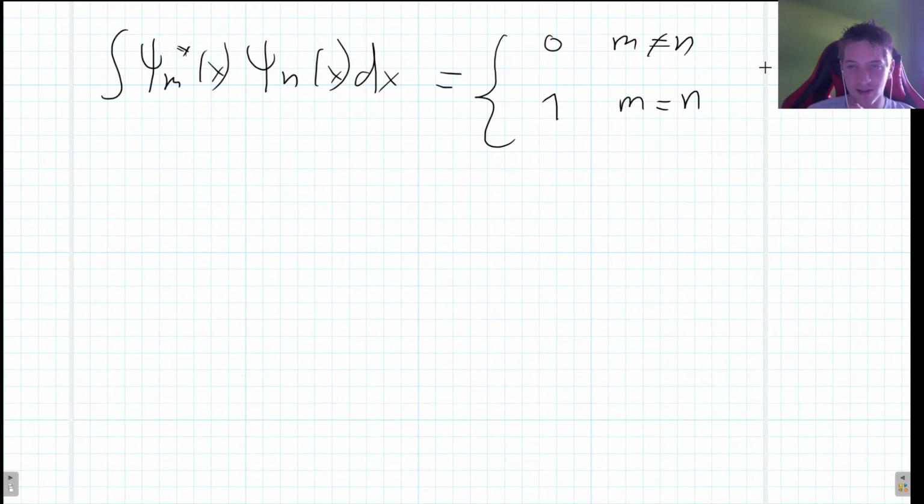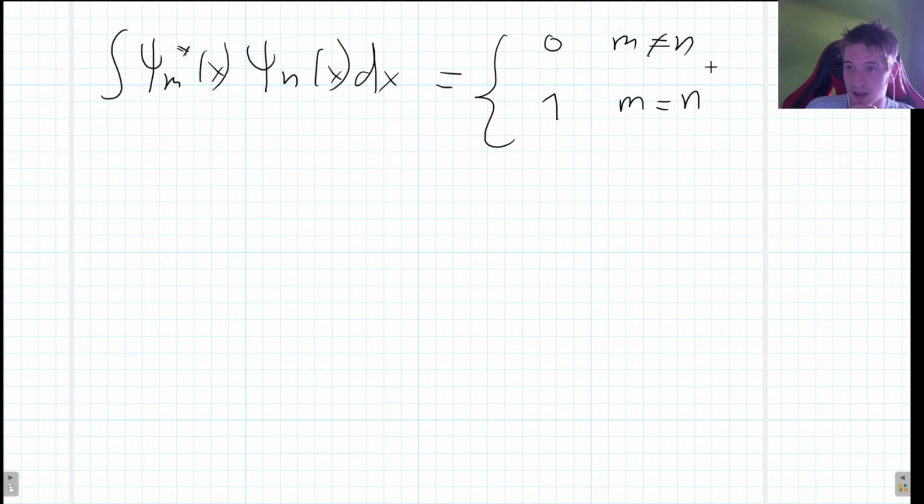This is what we mean when we say that these eigenstates, these wave functions, are not only orthogonal, but they are orthonormal from each other, because if they are different m and n, then their product is going to be 0, and when they are the same, their inner product is going to be 1, because they are normalized.